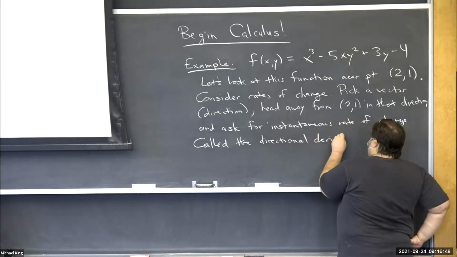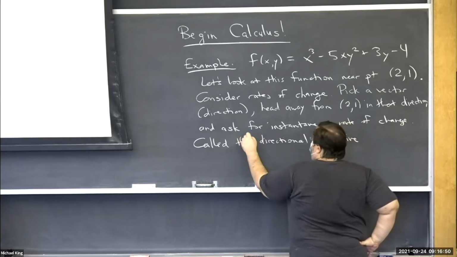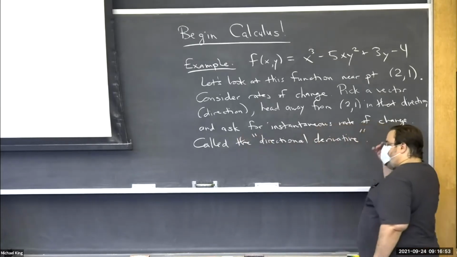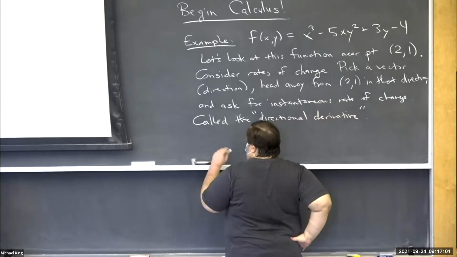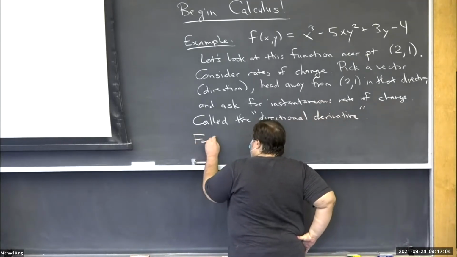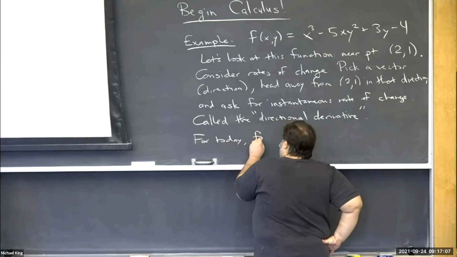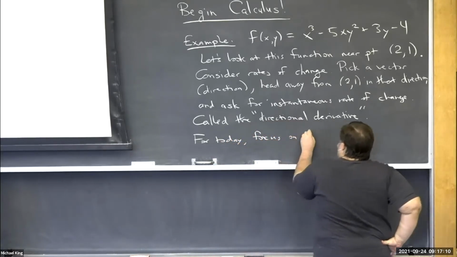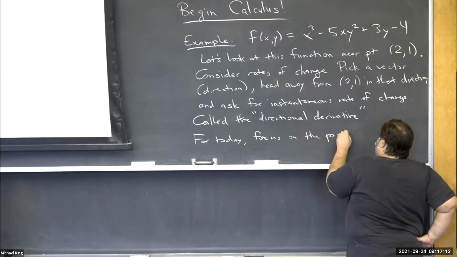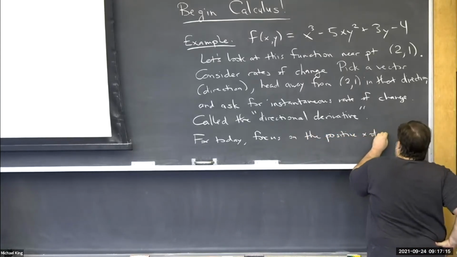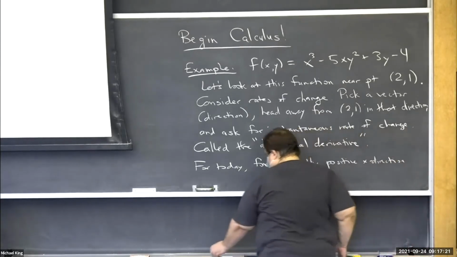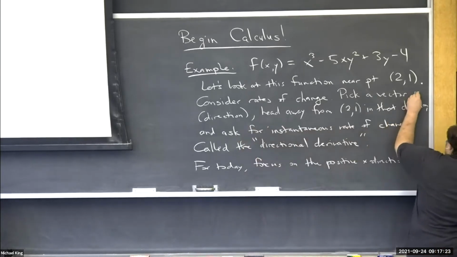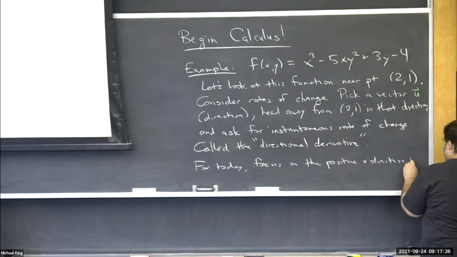We're not going to go fully general yet. For today, let's just focus on going in the positive x direction or the positive y direction. We'll get to the fully general picture later. So for the positive x direction, the vector u equals i.